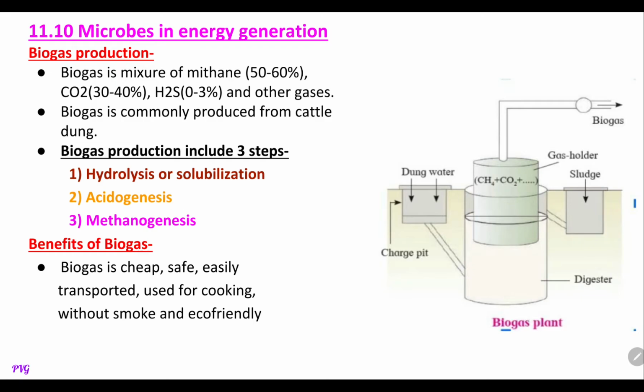That means the first step, the hydrolysis or solubilization, is the initial stage. Raw material is mixed with water in equal proportion to make slurry, which is then fed into the digester. See in the diagram, that is the digester. The slurry is fed into the digester plant.